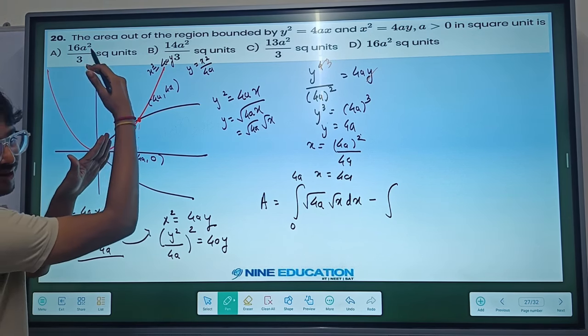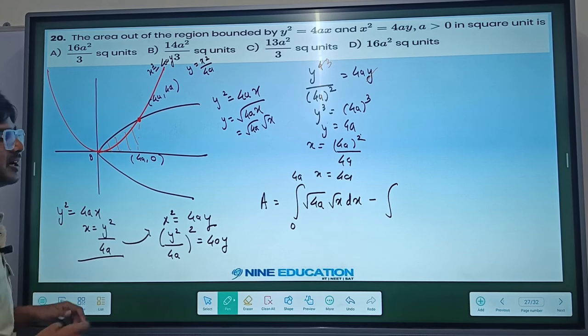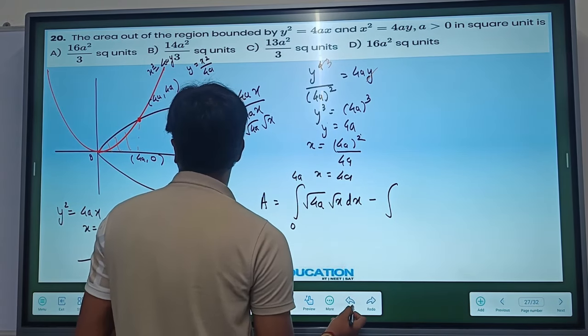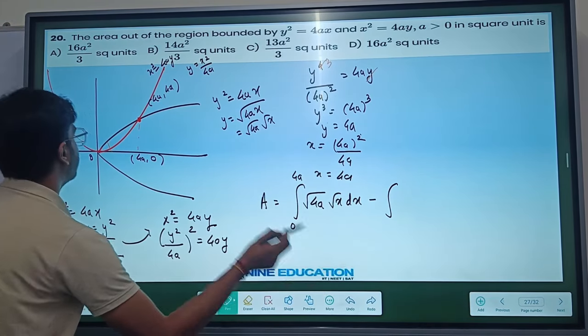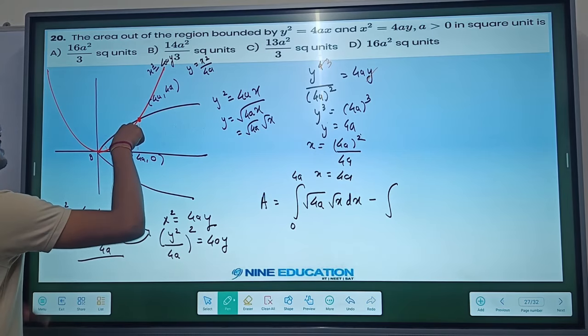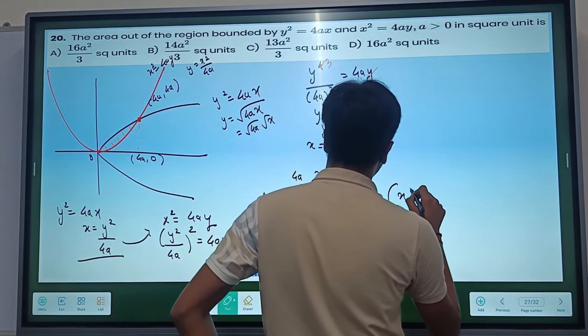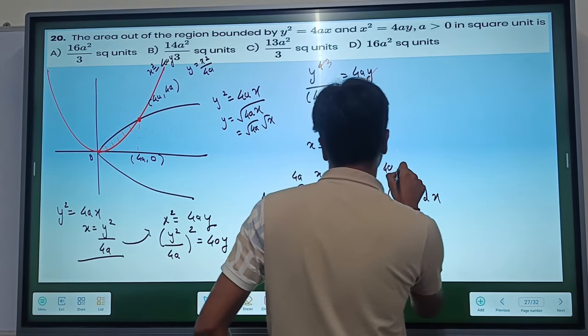We can try with the y-axis or the x-axis. What I am trying to do is with the x-axis part. Basically what we need to find is this area for this bigger curve minus this smaller curve. So the smaller curve is x square by 4a dx. Again limits from 0 to 4a.